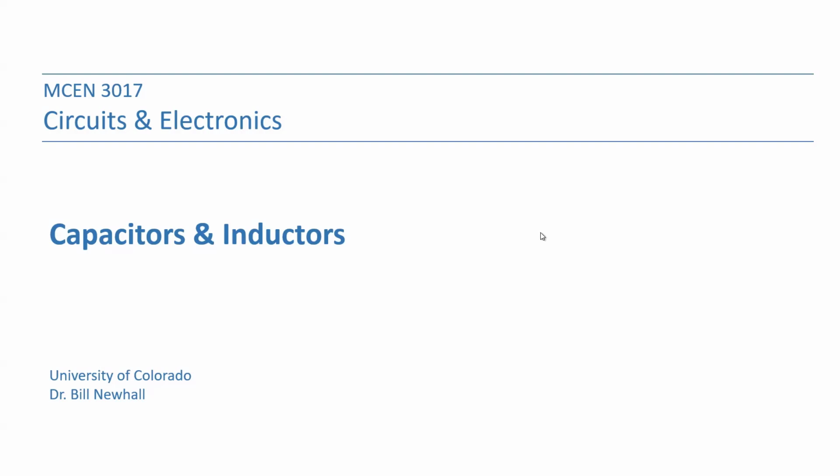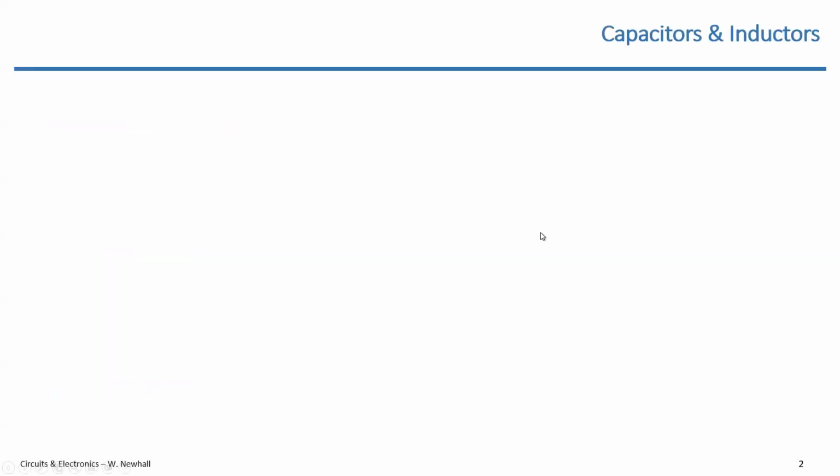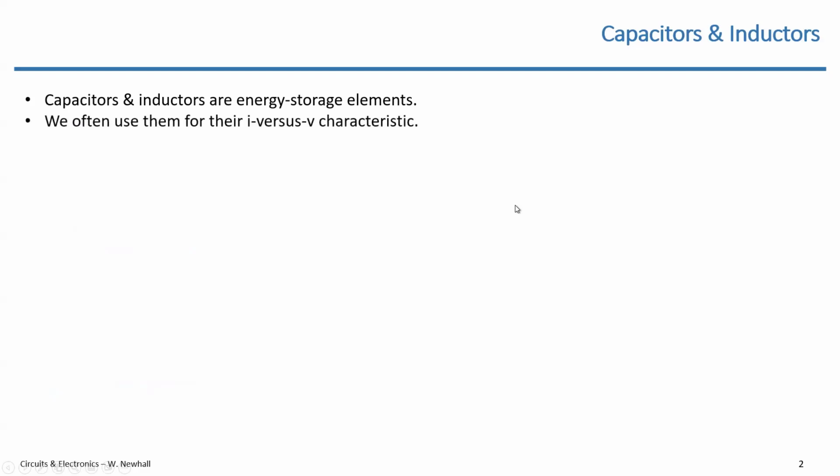Okay, so let's talk about capacitors and inductors. Capacitors and inductors are considered energy storage elements. In capacitors, the mechanism that stores energy is the electric field. In an inductor, it's a magnetic field. And although they are energy storage elements, we often use them for their current versus voltage characteristics.